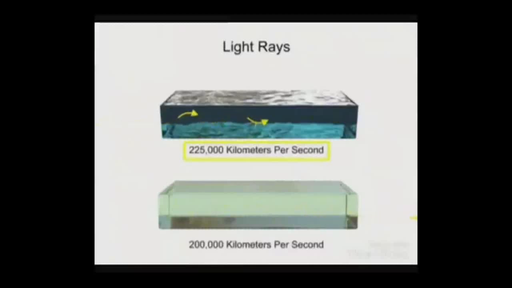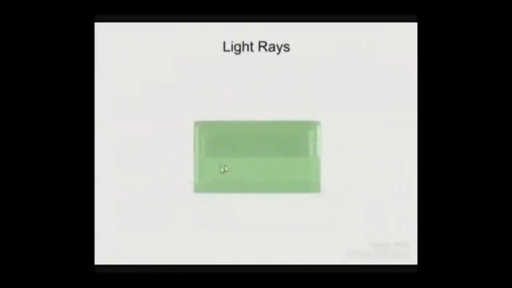When it is moving in water, its speed is 2,25,000 kilometers per second. Observe this, when light is travelling perpendicular to the surface, it goes undeviated as we have seen in the car. The light has slowed down in the medium, but it is going undeviated because it is going perpendicular to the interface. But when light is travelling at an angle, it goes slow and in addition it is bent. This is called refraction.